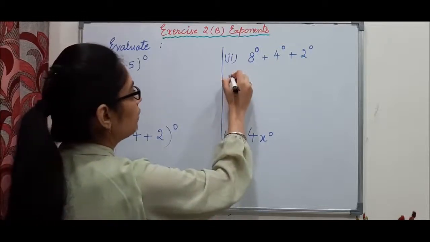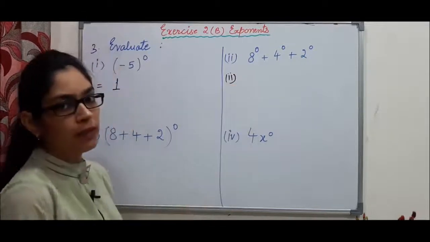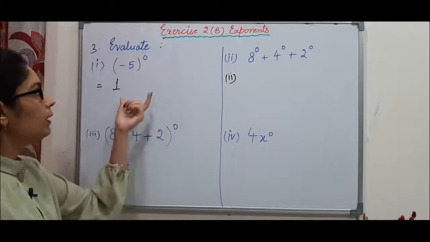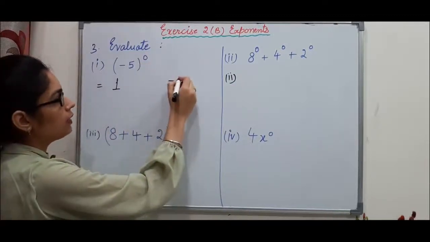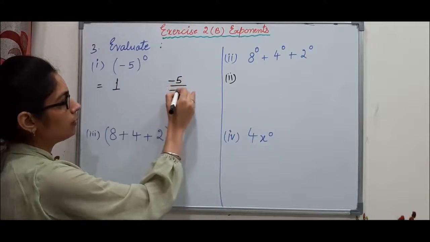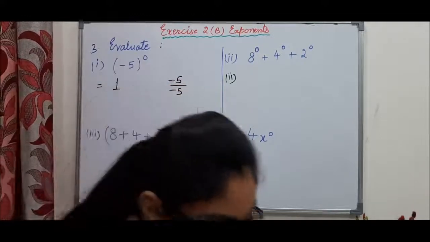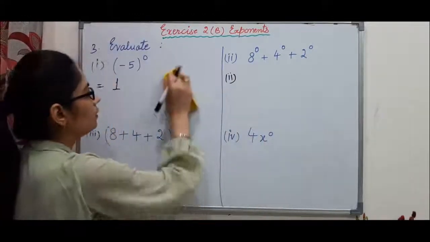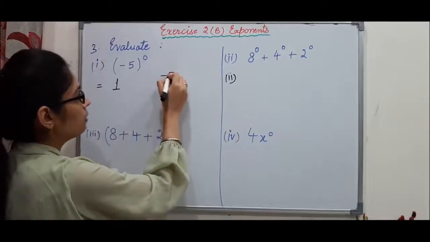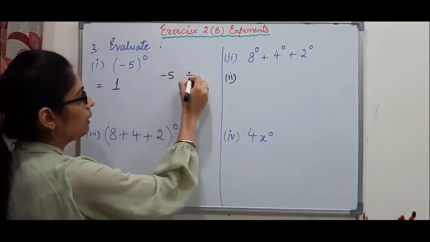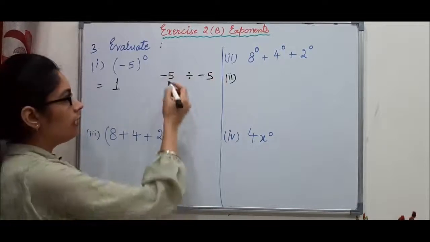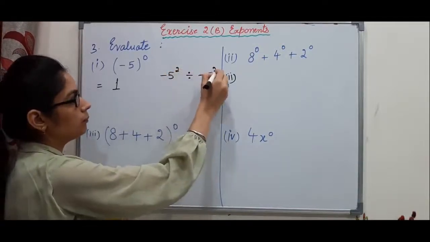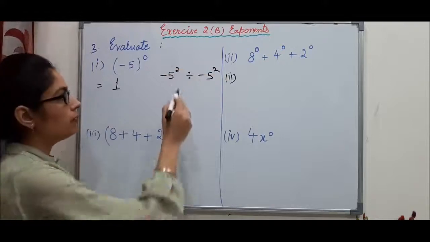In the second part, I will also explain why, if the power is 0, its value is 1. If I have minus 5 divided by minus 5, the same number, and let's say its power is also the same.